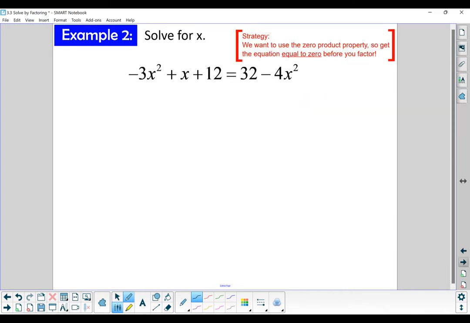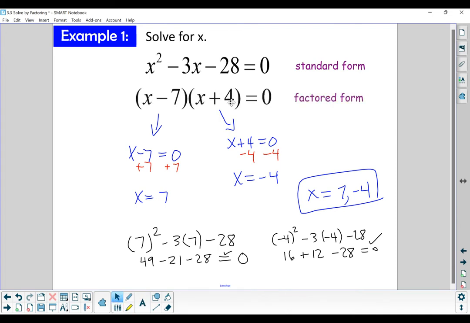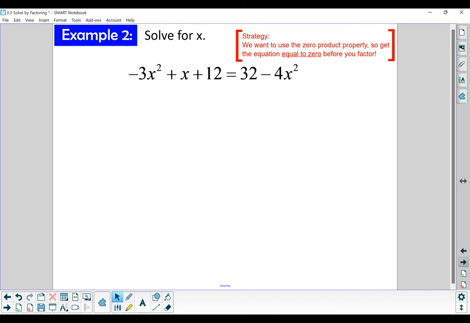So here's our equation. Now, when we factored before, we were using the zero product property. We used the zero product property right here. So you don't want to start factoring too soon. For example, I don't want to start factoring this because right now that is not equal to 0. And factoring as a solving strategy is only powerful if the equation is equal to 0.